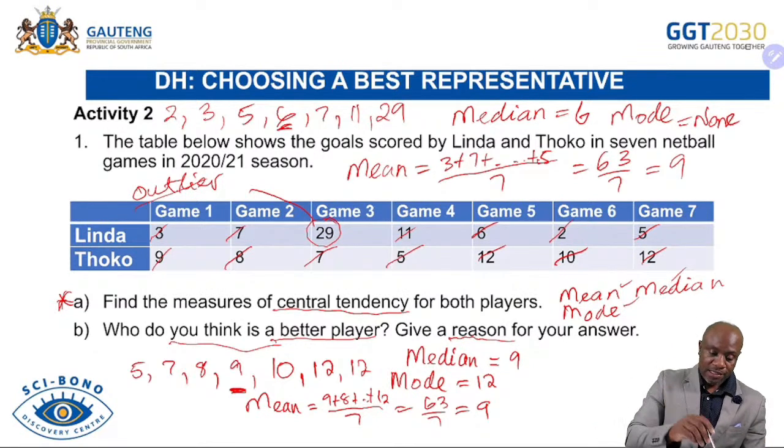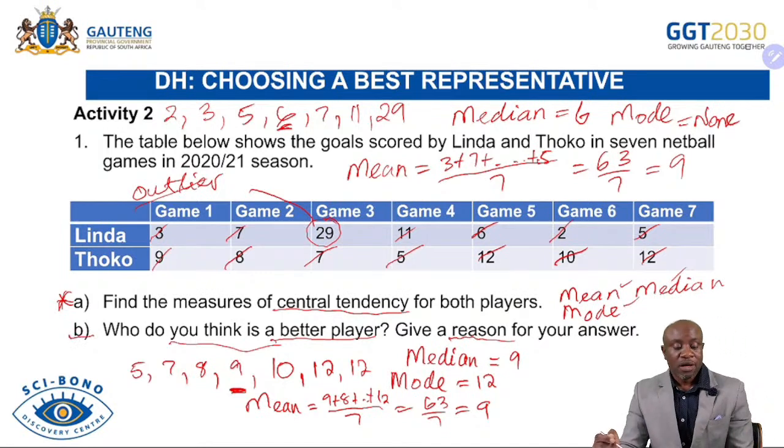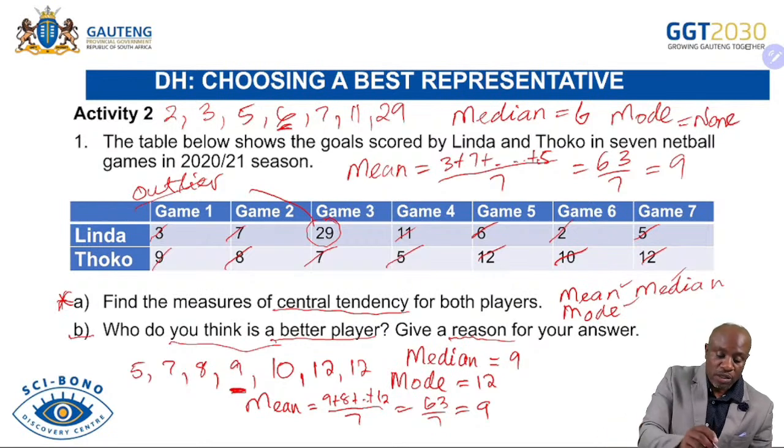But let's answer the second question. I've already got into answering that question. Who do you think is a better player? I'll go for Togo. Togo, for me, is a better player, and I'll tell you the reason.